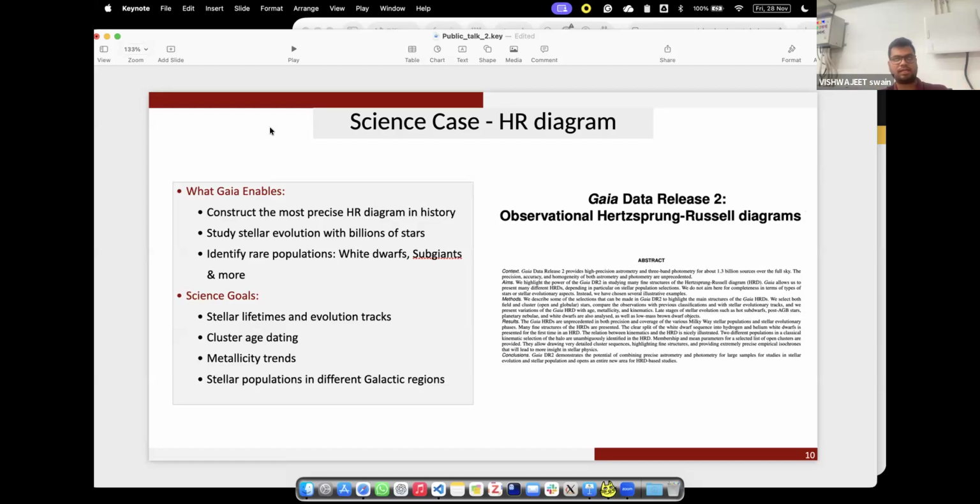For example, people have done that from the color information of a particular cluster, and then observed that cluster in polarimetry and found what is the role of the magnetic field in the formation of stars in the presence of different kinds of magnetic field. So yes, this is the example from the HR diagram and Gaia.